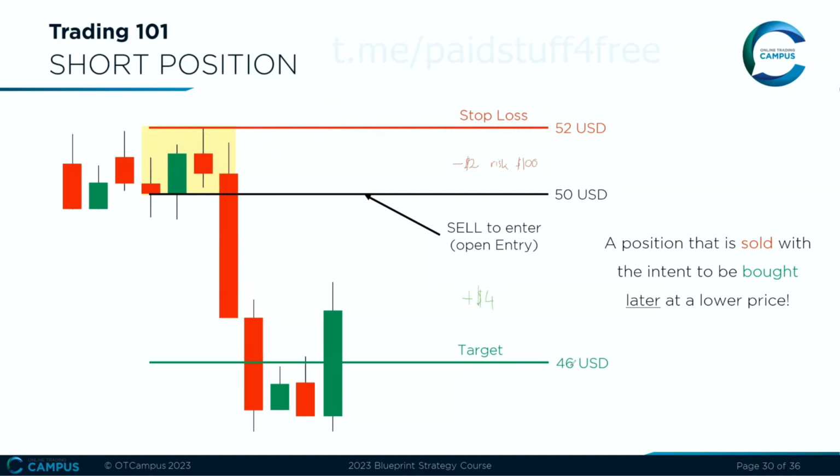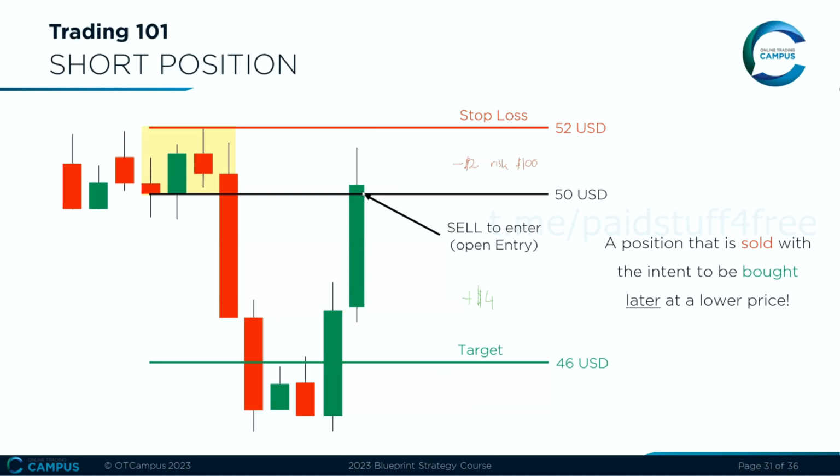Because $46 is cheaper than $50. And again, you're betting on declining prices, right? You're selling something, you're borrowing something, you're selling it, and then you're buying back to cover at a cheaper price, right? Or you may buy back to cover at a more expensive price, which then ends up in you losing money.